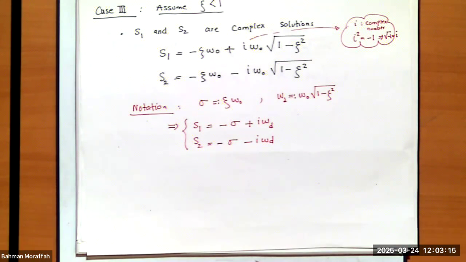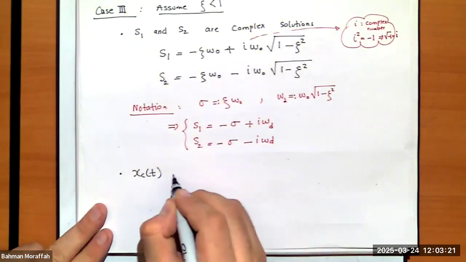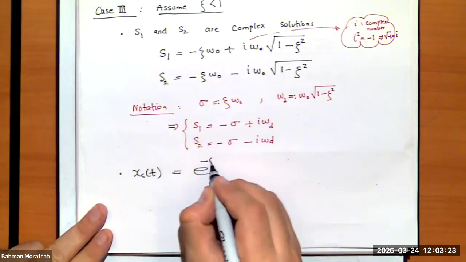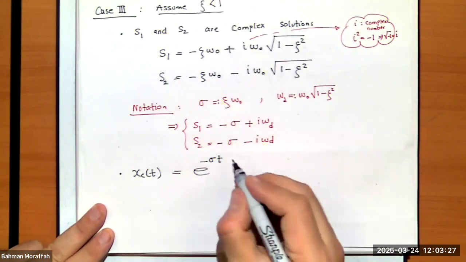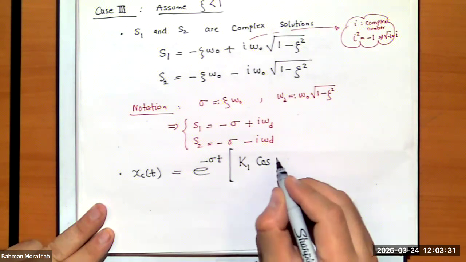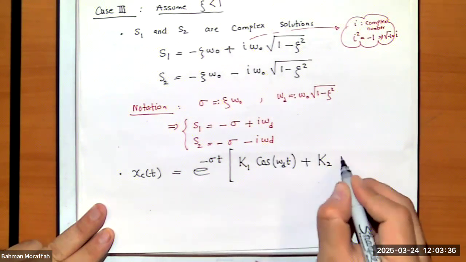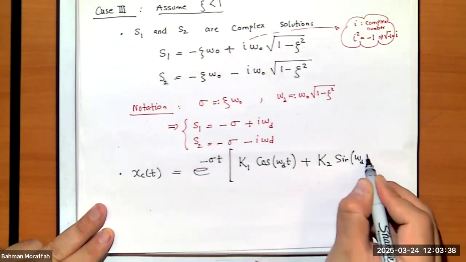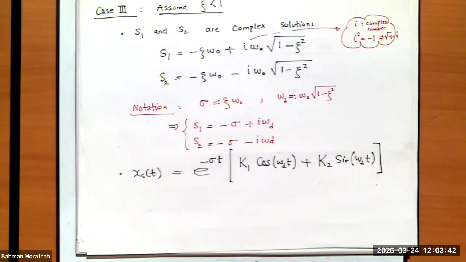It turns out the solution here, xc of t, is e to the power of minus sigma t, sigma is this, times some constant k1 cosine omega d t plus some other constant k2 sine omega d t, right?